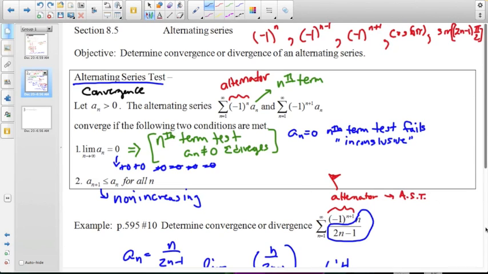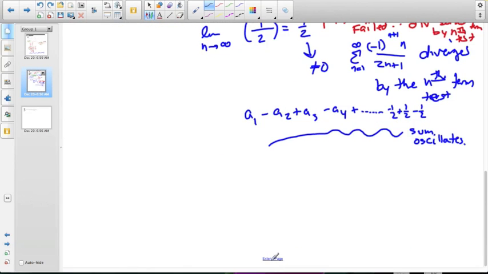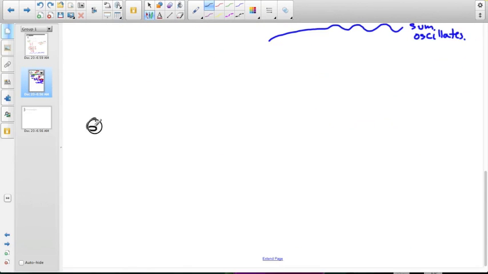For the geometric series test, we can test for convergence when the absolute value of r is less than 1, or we can test for divergence when the absolute value of r is greater than or equal to 1.